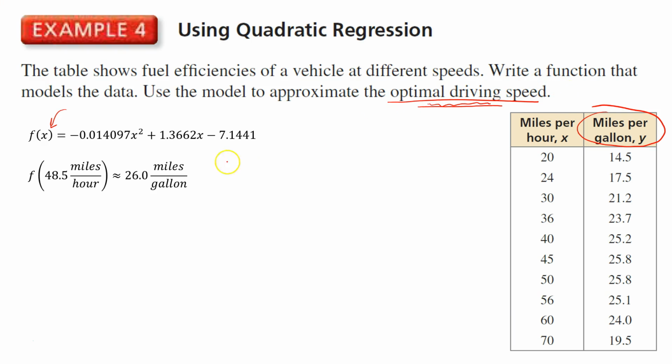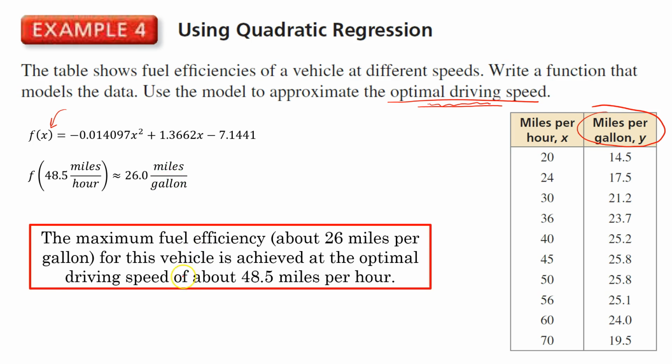So f of about 48.5 miles per hour is about 26 miles per gallon. So my maximum fuel efficiency of about 26 miles per gallon for this vehicle is achieved at the optimal driving speed of about 48.5 miles per hour.